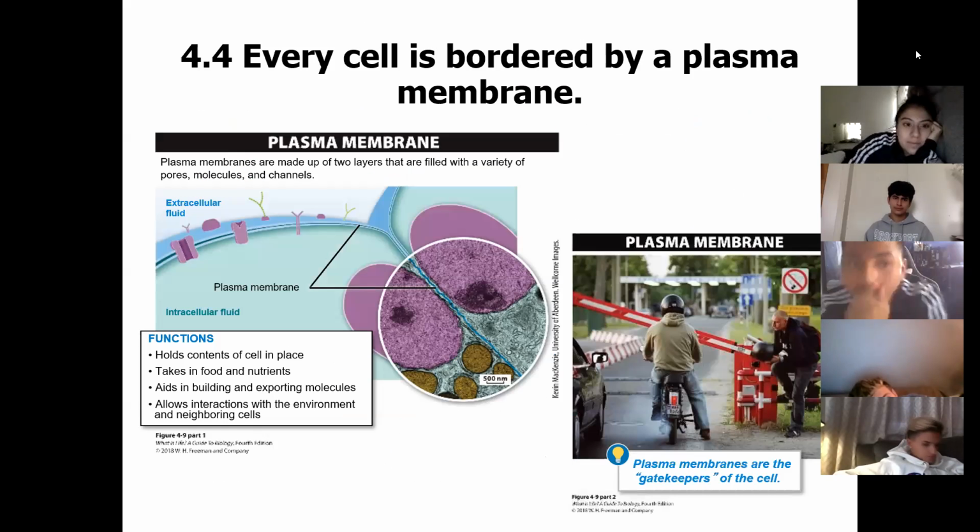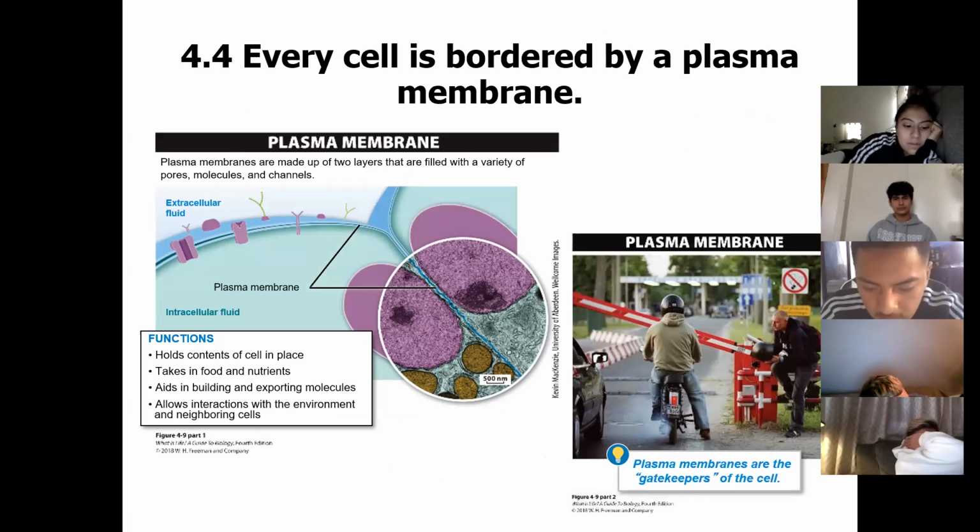Okay, so the cell is bordered by the plasma membrane, right? It's a border that separates whatever is inside the cell from whatever is outside the cell. Now, cells, whether single-cell organisms or multicellular organisms, don't exist in a dry environment.